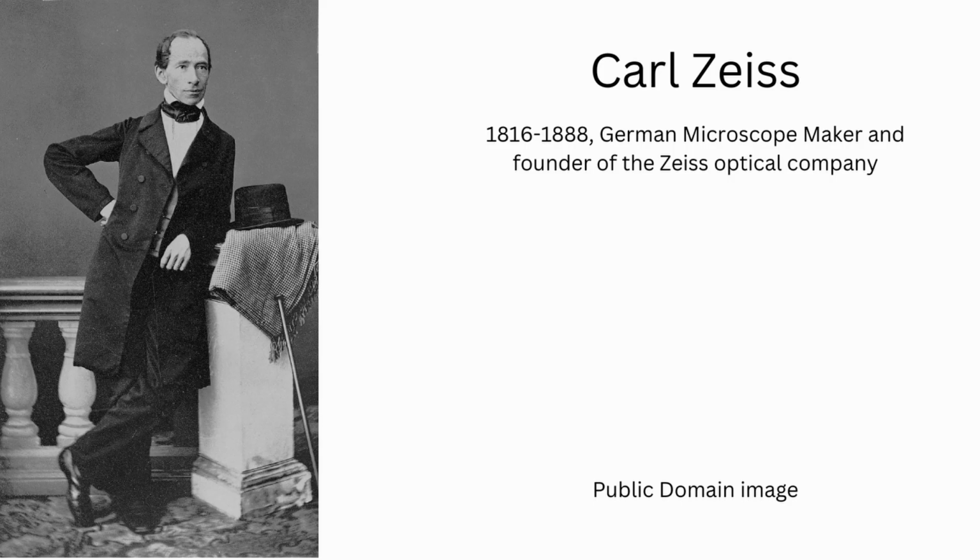Enter Carl Zeiss. He had set up and run a microscope-making business throughout the mid to late 1800s. Now, he believed, among other things, that lenses should be calculated rather than being developed by trial and error, because although calculation was possible at this time, most lenses were probably made by trial and error.